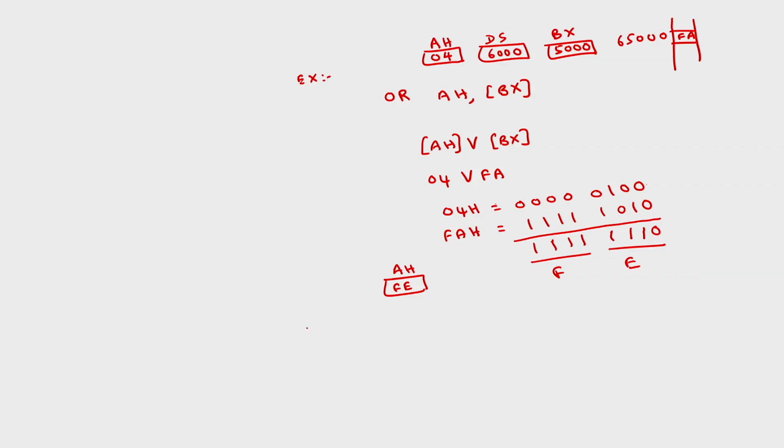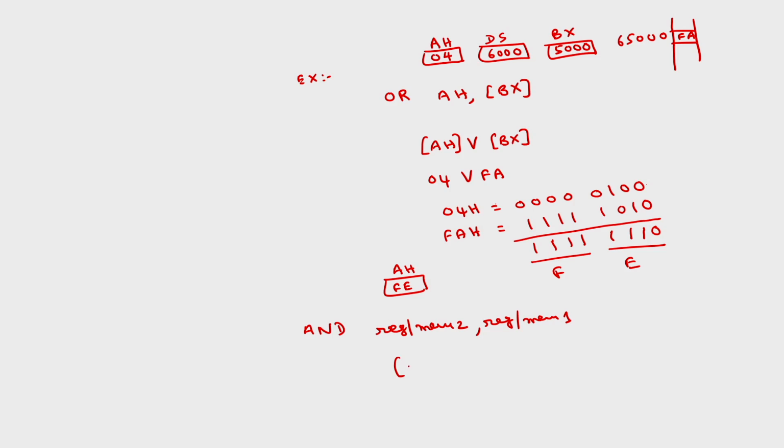Similarly, we have the AND instruction, exactly similar operation. Here instead of OR, AND operation will be performed. AND register/memory 2, comma register/memory 1.